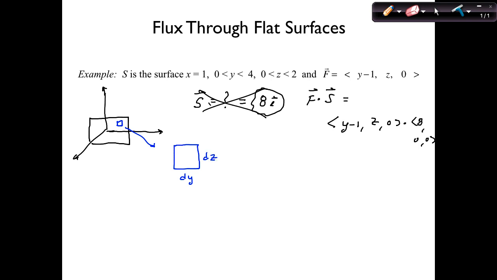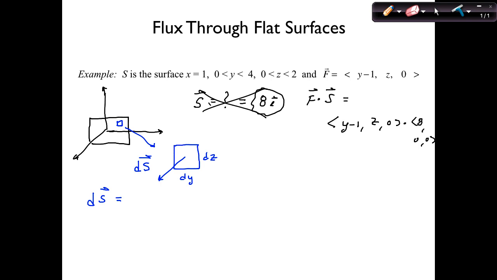Now, I can write an area vector for that. And what will we use for that area vector? dS, right? So rather than an S area vector for the whole thing, I'm going to have a dS for every little spot on that whole surface. So what will dS be? Okay, but it's a vector.